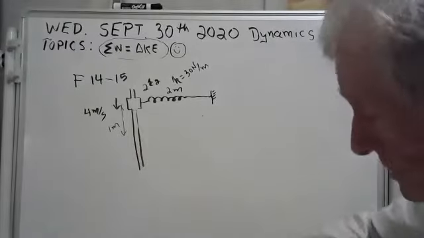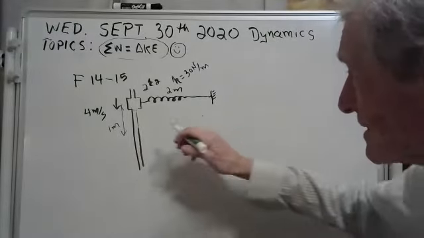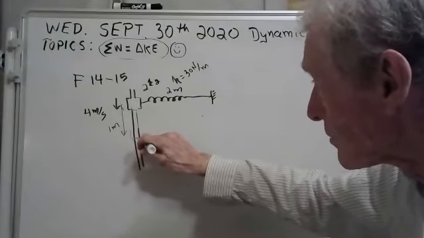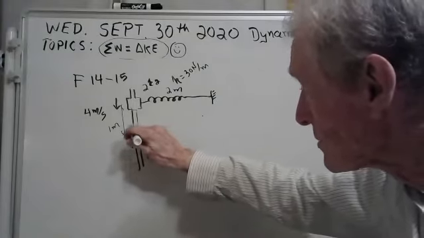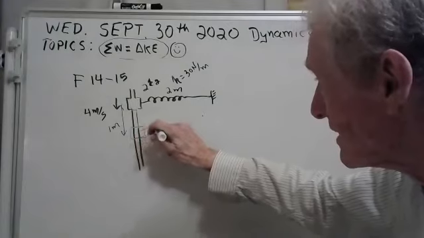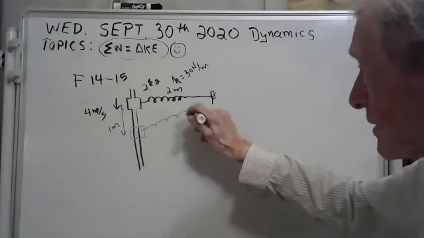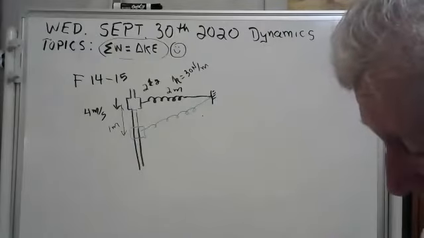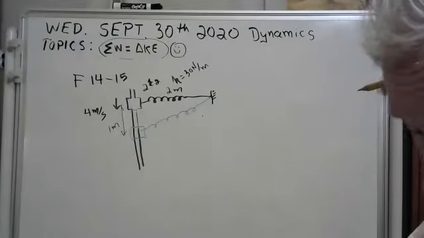When this thing is down here, we'll kind of do it in green. When it's down here, it's stretched out more. You get it? And I'll tell you what that length is.